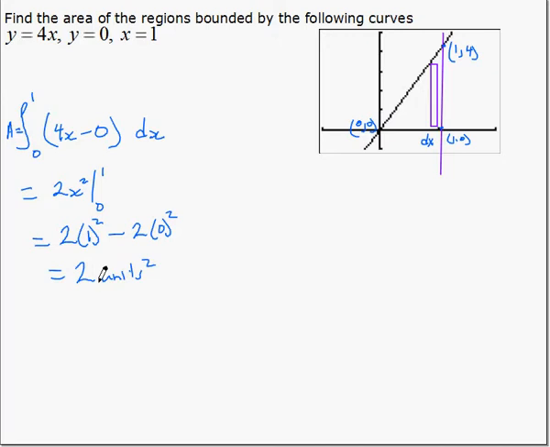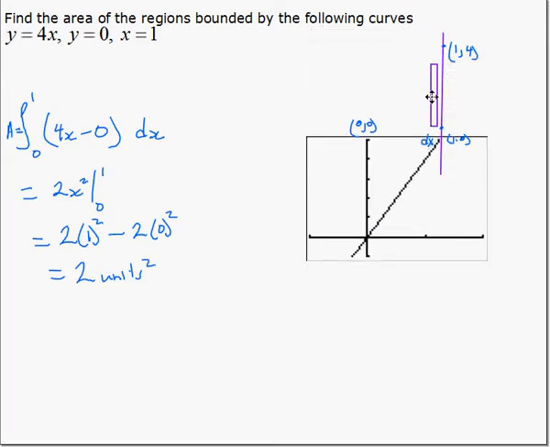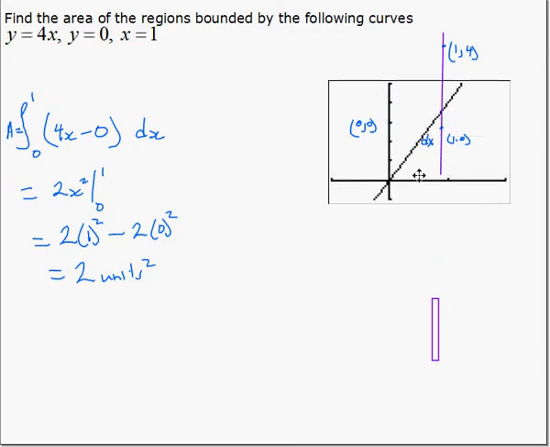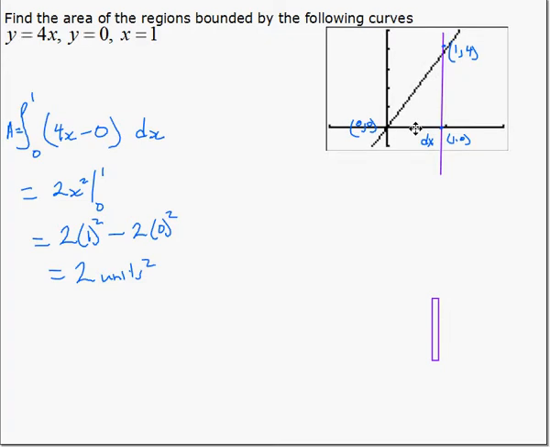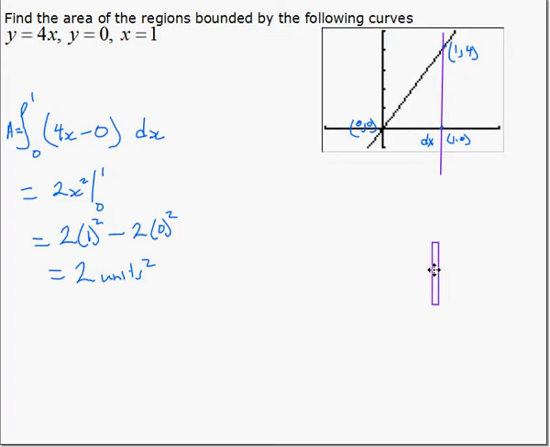We could have also solved this question using a dy rectangle. If we can get this rectangle out of here, then we should be able to show that the dy rectangle also can have the left side on the line and the right side on x equals 1.